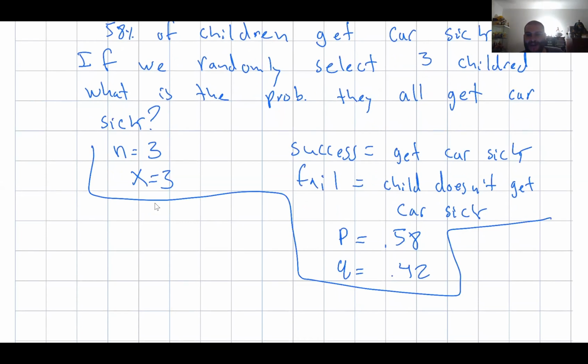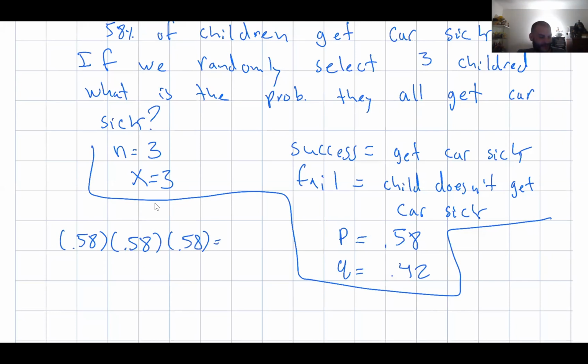Everybody go with that so far? Let's go back to chapter 5.4. In 5.4, how can I solve the probability that all 3 children get car sick? You get 0.58 times 0.58 times 0.58.